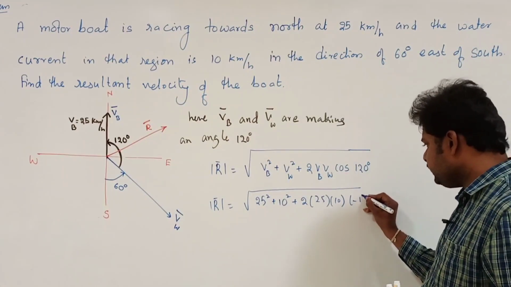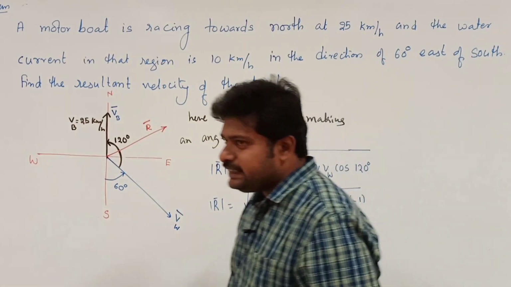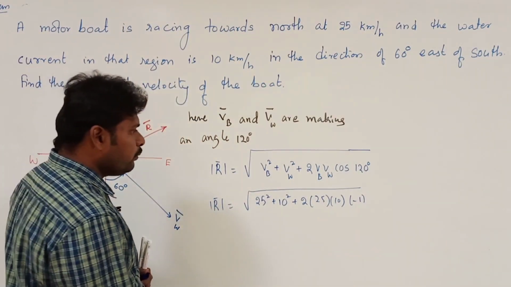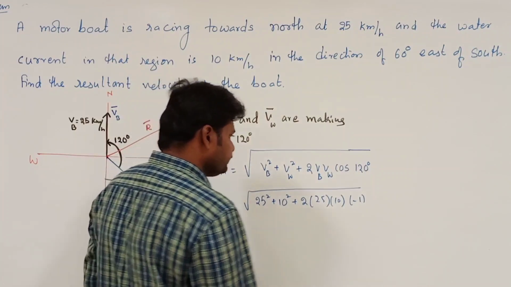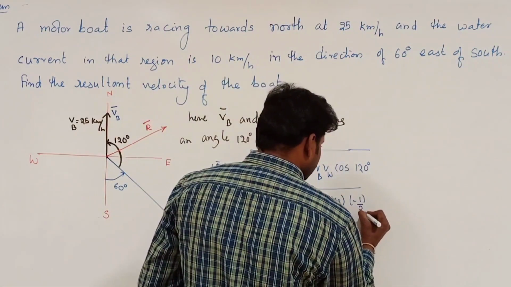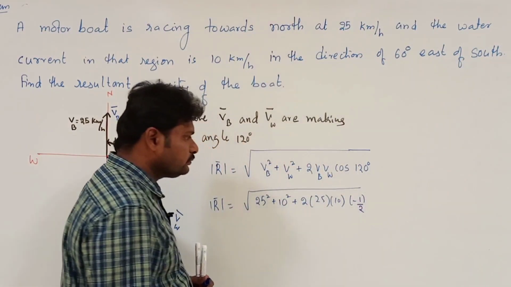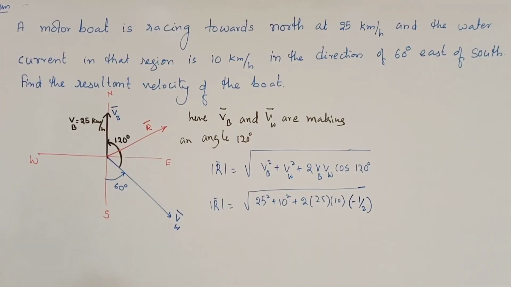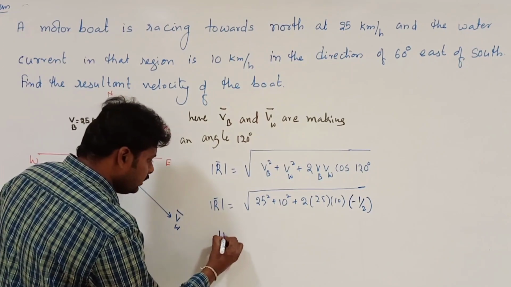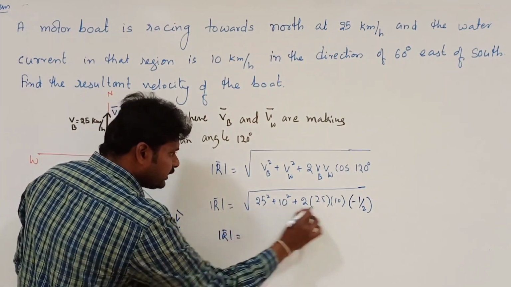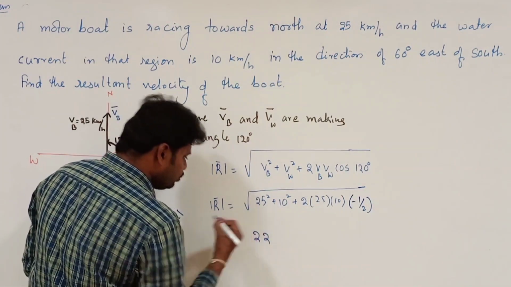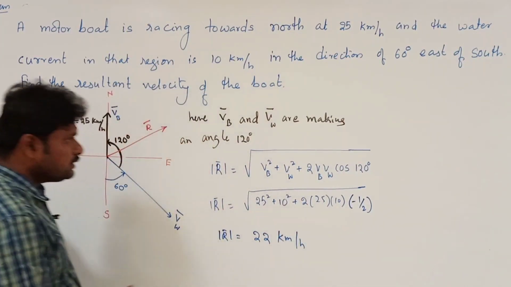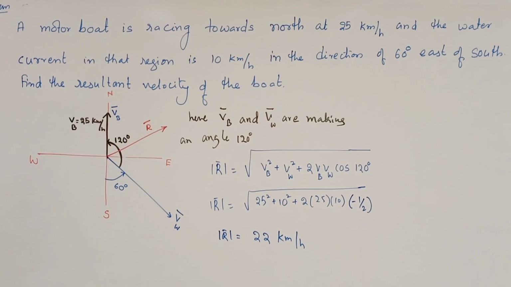You know very well, it is minus 1 by 2, since cos 120 is cos of 90 plus 30, which is minus sin 30. Now, if we calculate and substitute everything, you will get 22 kmph, the resultant velocity vector.